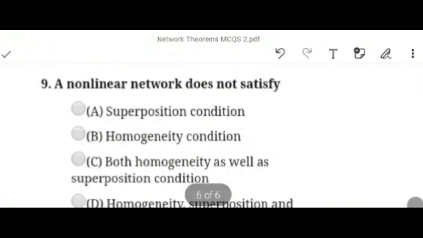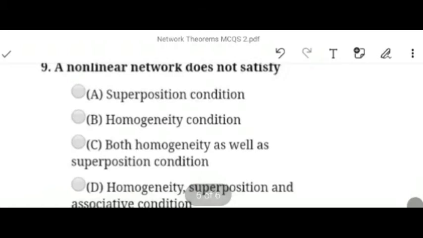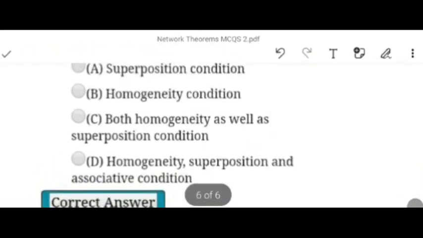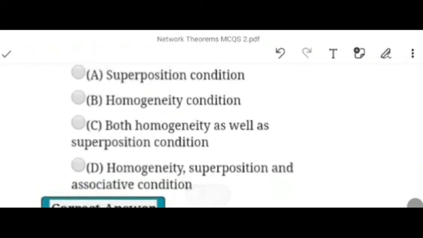Now in the ninth question, a non-linear network does not satisfy. We should know that a non-linear network does not satisfy homogeneity and superposition condition. The superposition theorem was given in our notebook, but homogeneity was given in the first semester.